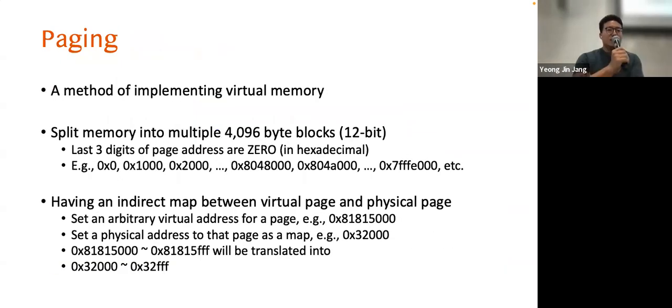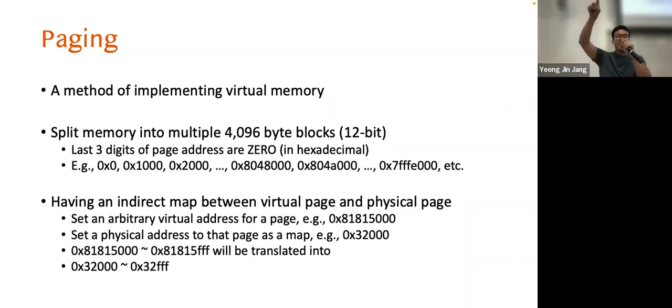And the mechanism to implement virtual memory is so-called paging. What paging means is that, in Intel machines, and it's the same across many other architectures like ARM, SPARC, MIPS, or RISC-V, modern operating systems split memory into page granularity. One page is 4 kilobytes in size.